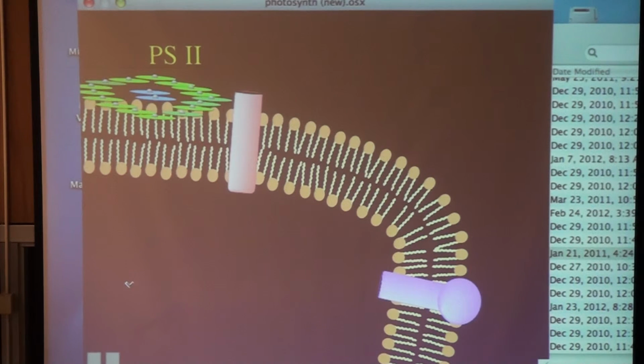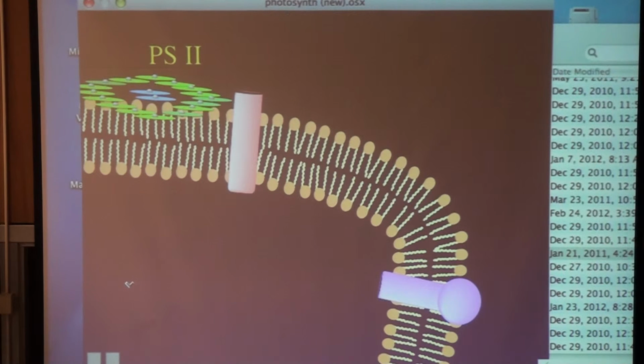The stroma, right. Maybe I'll draw that. Here's the thylakoid. Here's the envelope of the chloroplast. And so the stroma is here. It's the liquid that fills the chloroplast.